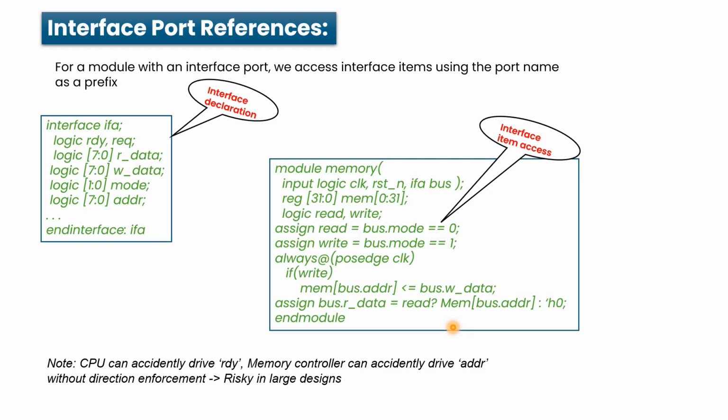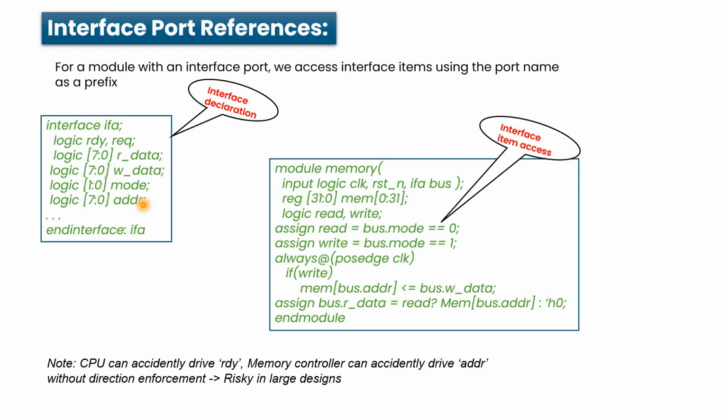But there is an important issue here. If you see in the interface, we have declared all signals with data type logic, and we haven't defined the direction of any of these signals. For example, for memory, the signal address is an input, but for the CPU core, address is an output.